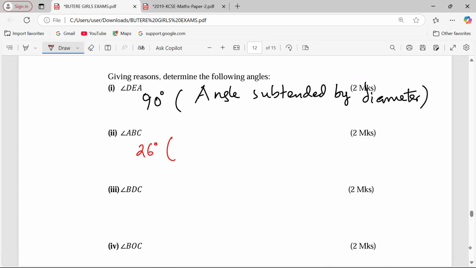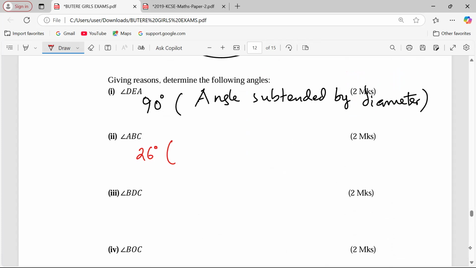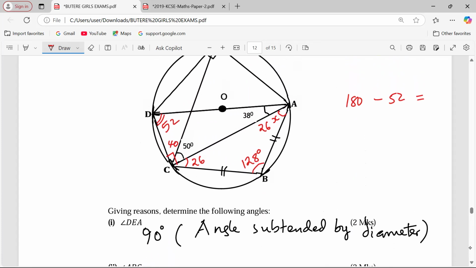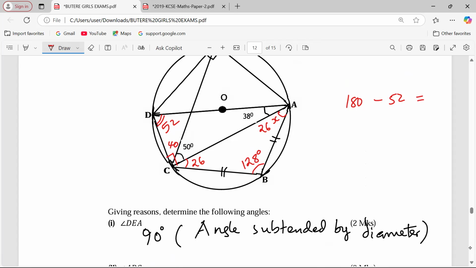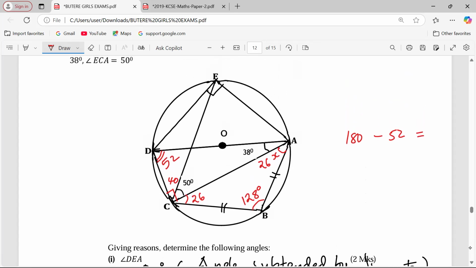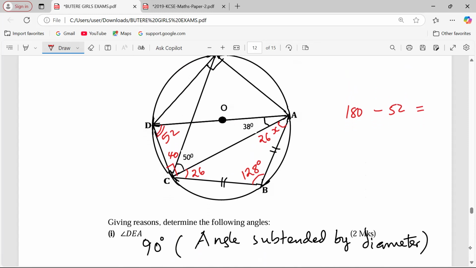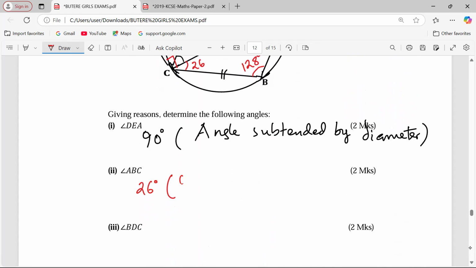Reason being, we have applied several concepts, but what was the final concept that we applied that led us to the answer? Properties of angles in a circle.